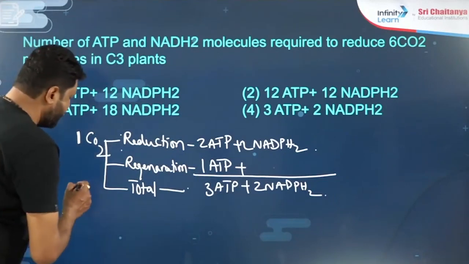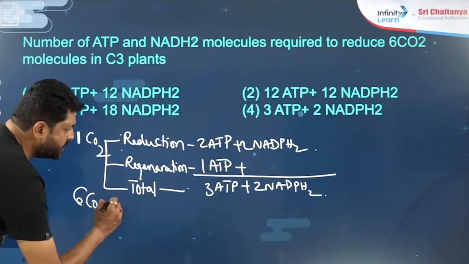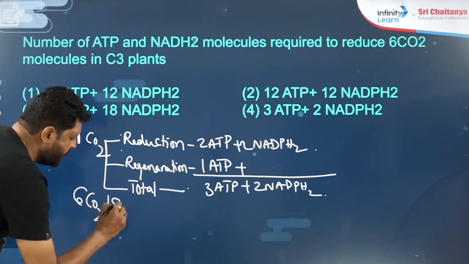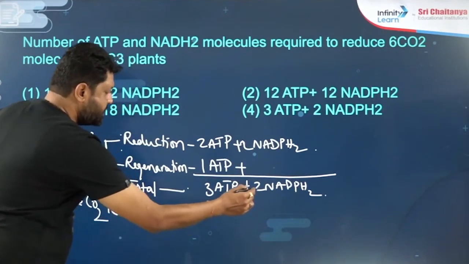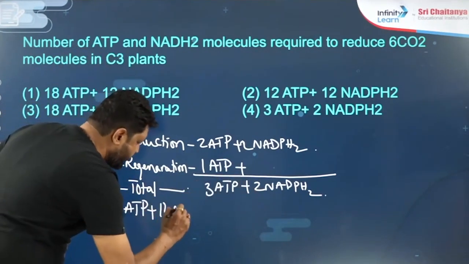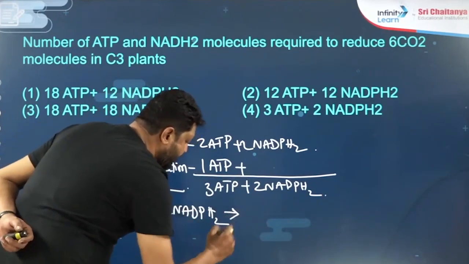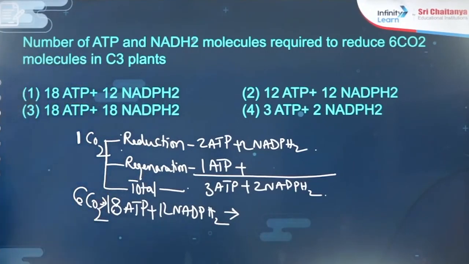If I go for the same calculation, for 6 CO2, 3 ATP into 6, that is 18 ATP, plus 6 into 2, 12 NADPH2 are required to reduce 6 CO2 molecules to 1 glucose.